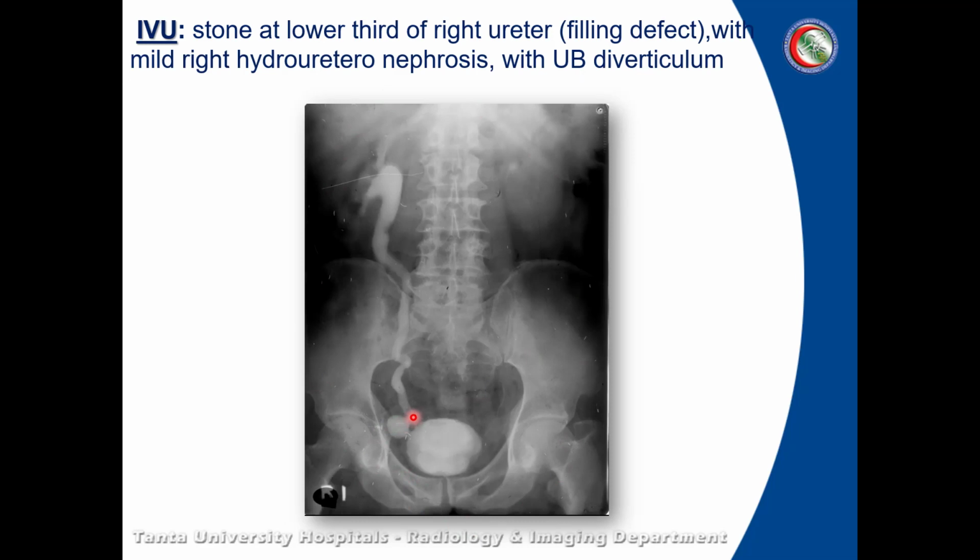There is a stone or filling defect in the lower third of the right ureter with mild hydroureteronephrosis, and also we can notice there is an outpouch from the right lateral wall of the urinary bladder, which is called a urinary bladder diverticulum with a narrow neck. So the full comment is IVU showing a stone or filling defect in the lower third of the right ureter with mild right hydroureteronephrosis and urinary bladder diverticulum.